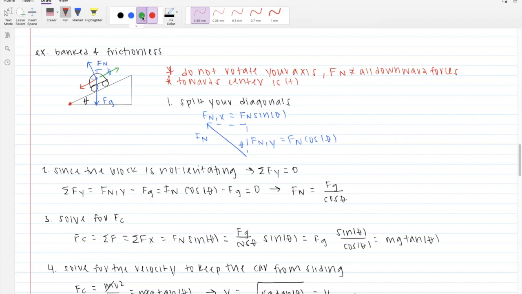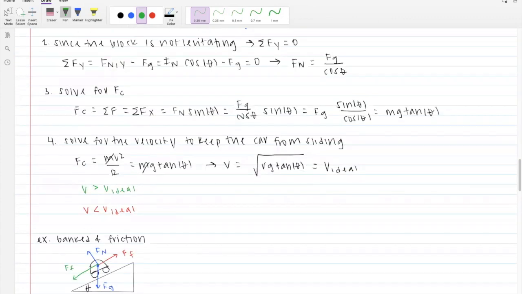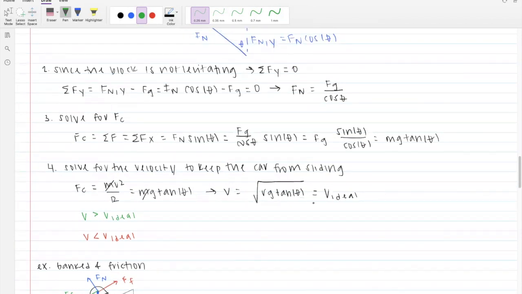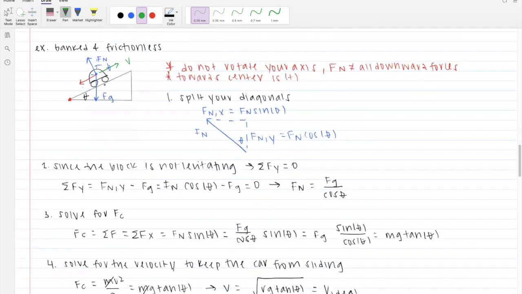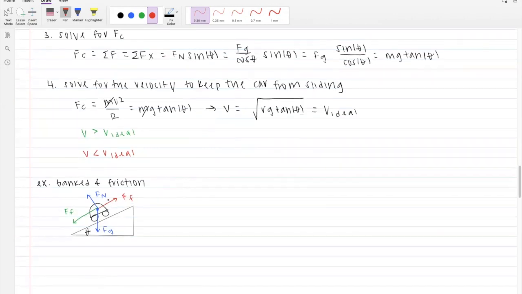But because friction opposes velocity, or is in the opposite direction of velocity, it's going to be directed downwards. And if your velocity is less than the ideal velocity, so that means your car is going to want to have a velocity going inwards, your force of friction is going to be the opposite, which is going to be pointed outwards.